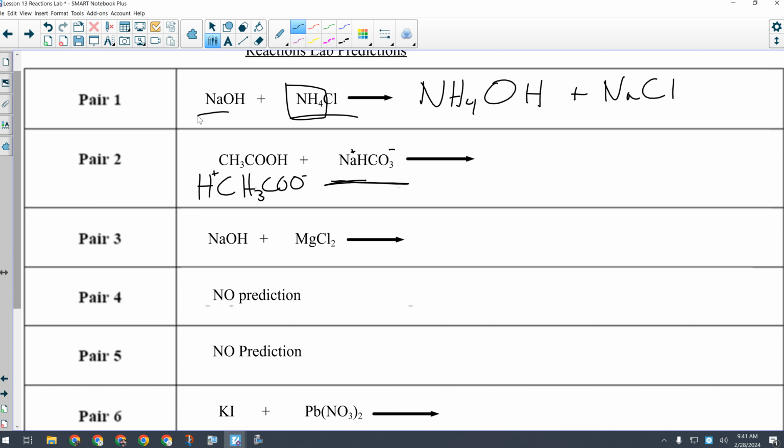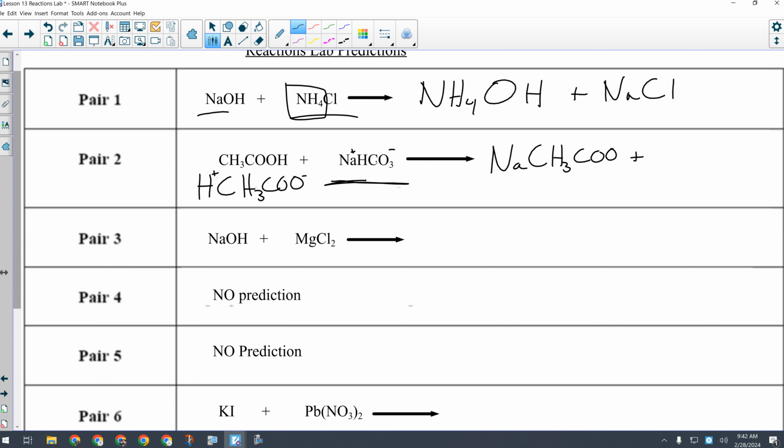Can I switch the metals? Okay, so who does sodium end up with on the other side? With acetate. CH3COO. How many people like salt and vinegar chips? That's what gives the salt and vinegar chips the vinegar flavor.